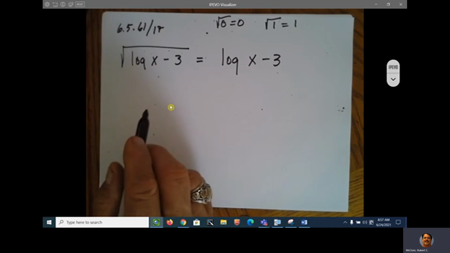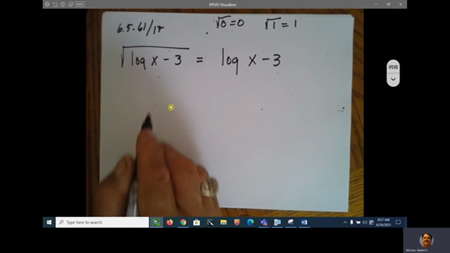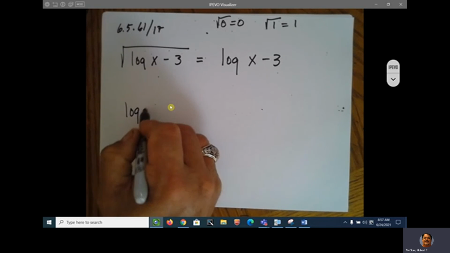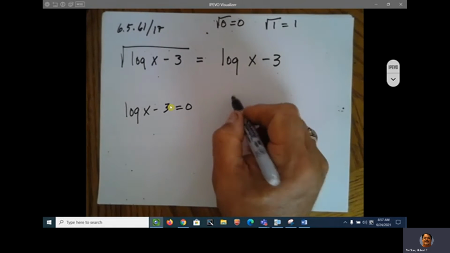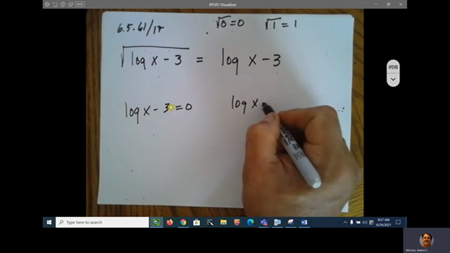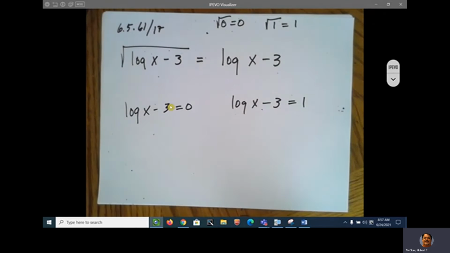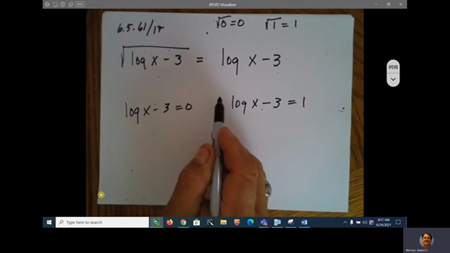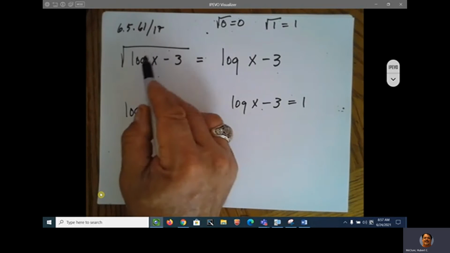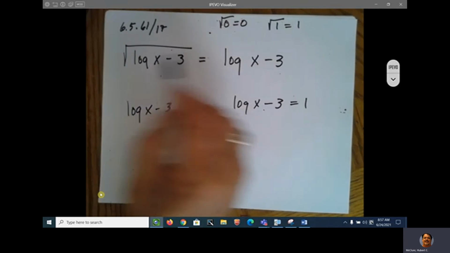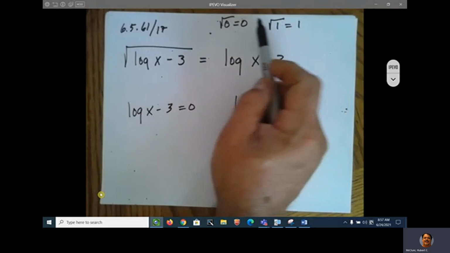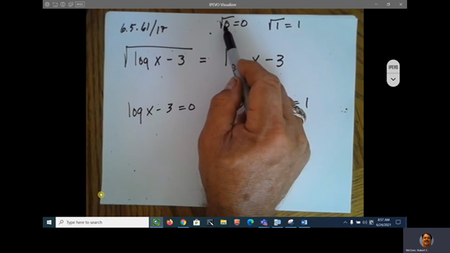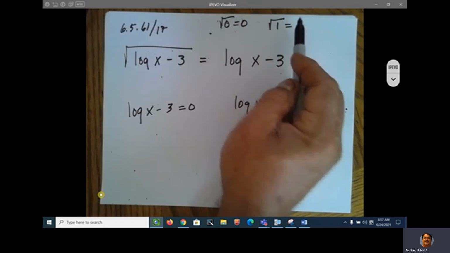So I'm going to set the log of x minus 3 equal to 0, and the log of x minus 3 is equal to 1. And the reason I'm doing that is because this is the same equation as this, only it has a square root, and there's only two numbers in the world that you can take the square root of and get the same number.